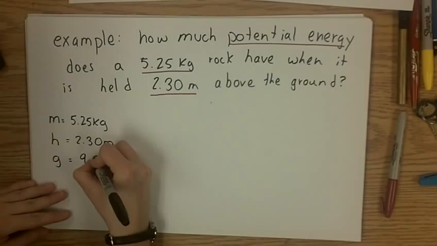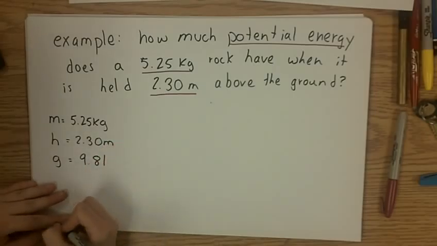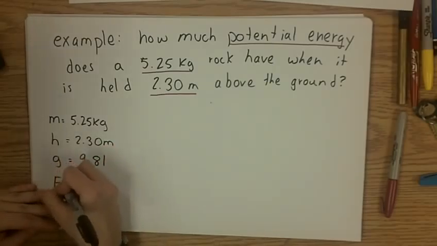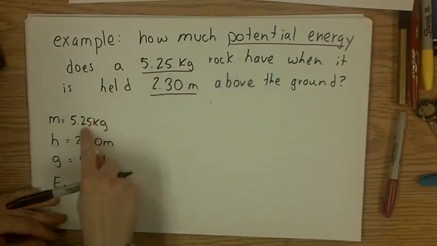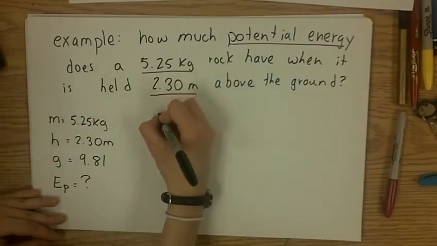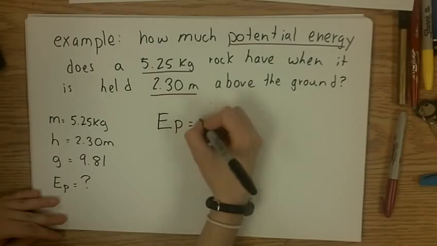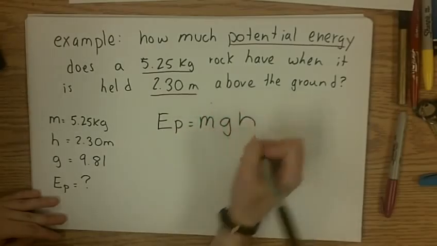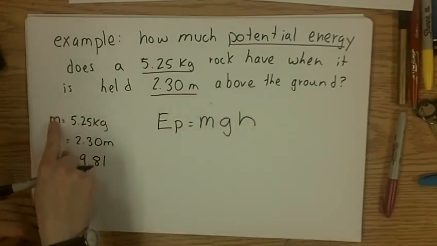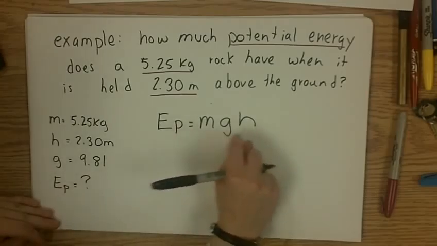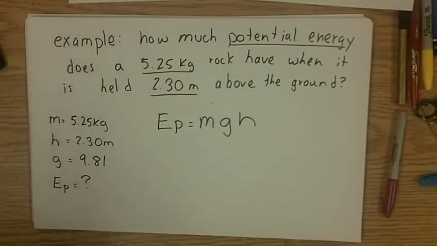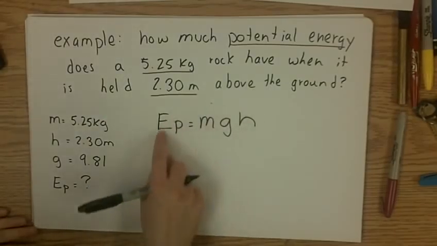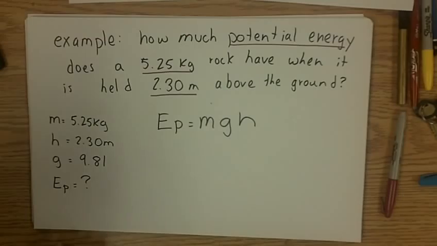It's always there. It's 9.81. EP is our question mark. Then we pick a formula that has all of these things on our list in it. That's EP equals MGH. So far in LERS, we've done the L and the E. We've listed and picked an equation. We don't have to rearrange it. It's already in the shape that we need, so we can skip the R step.